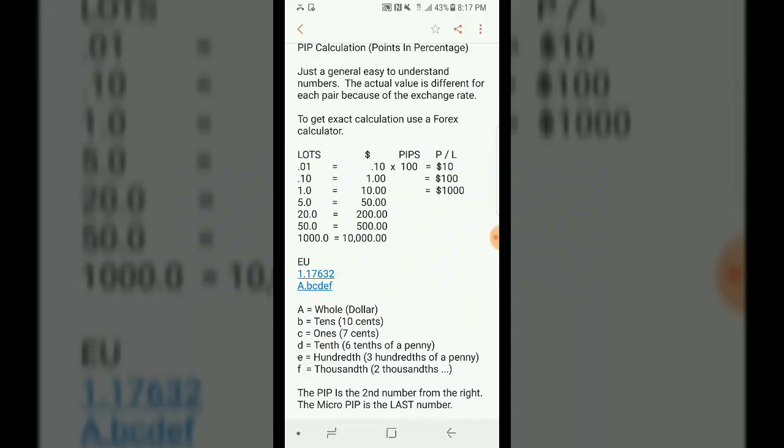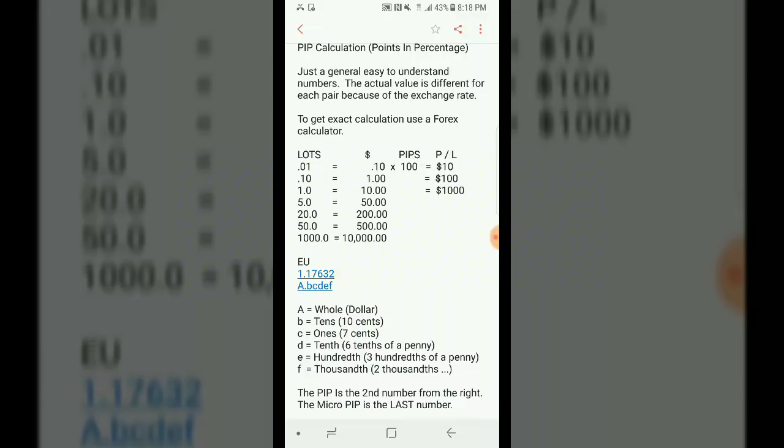Your C is your ones, that is 7 cents. Your D is your tenth, that's currently 6/10 of a penny. The E is your hundredth, right now it's 3/100 of a penny. The F is the thousandth, which is 2/1000 of a penny.